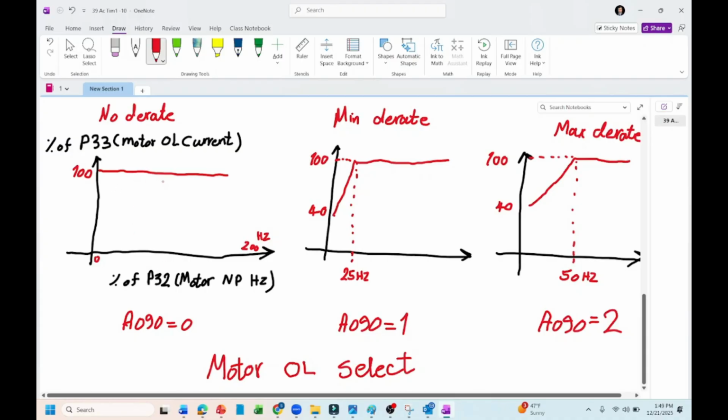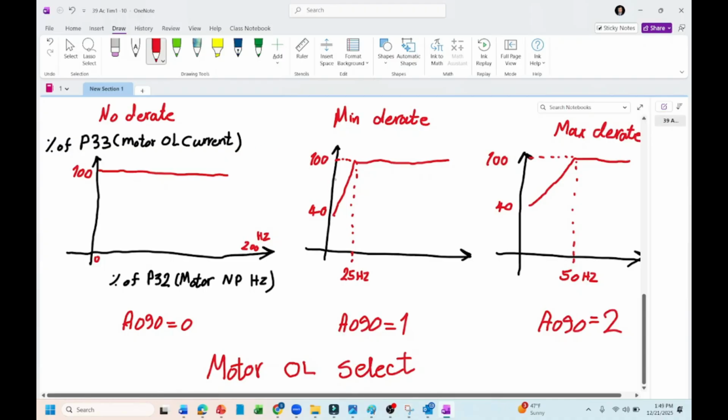Whenever you have no derate, whatever you adjust in P33 is the motor overload current. No matter at which frequency your motor runs, it's exactly the same as what you adjusted in P33. But whenever you put it on minimum derate, you have something like this. It means that at lower frequencies, less than 25 hertz, that number is not the right number.